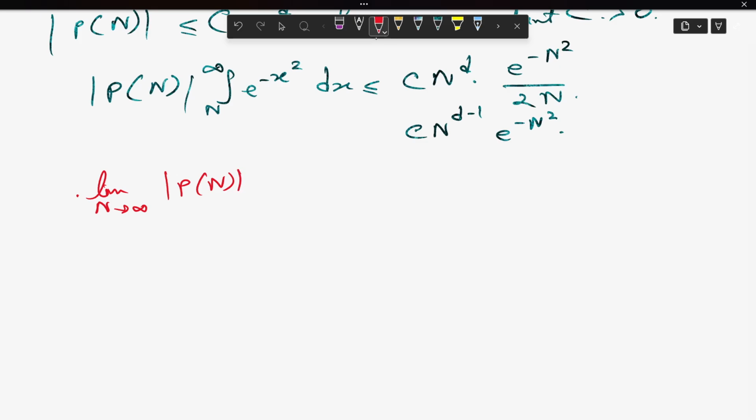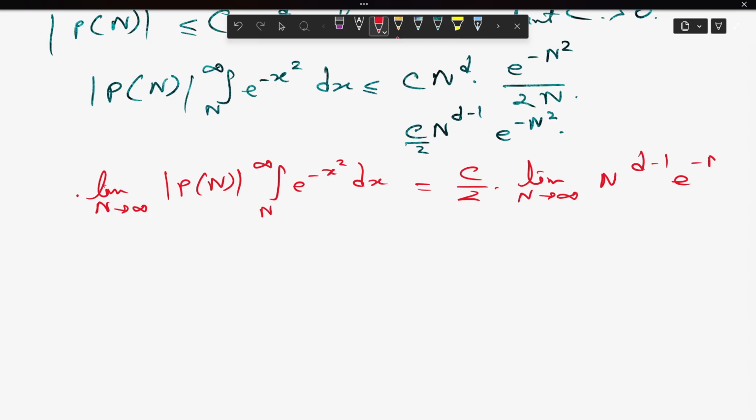We get c by 2 times the limit as n tends to infinity of n to the power d minus 1 times e to the power minus n squared.